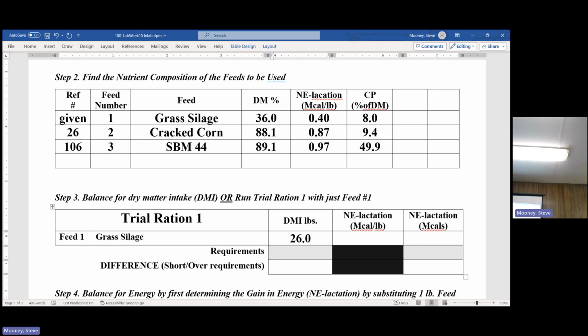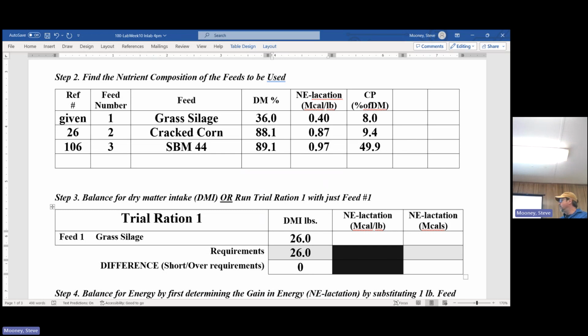We're going to feed her all she can eat. That's 26 pounds versus the requirement. That should always be 0. So where do we get this?